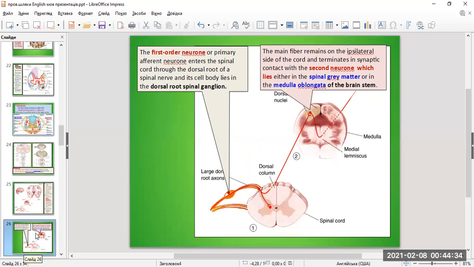The first order neuron, or primary afferent neuron, enters the spinal cord through the dorsal root of a spinal nerve, and its cell body lies in the dorsal root spinal ganglion.